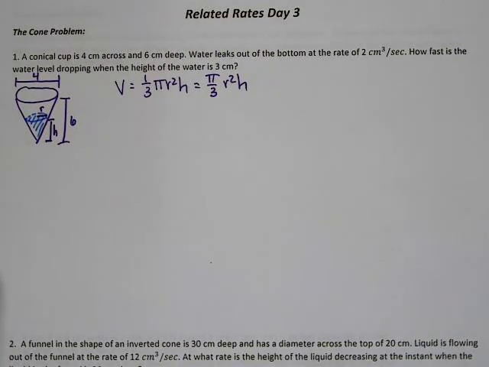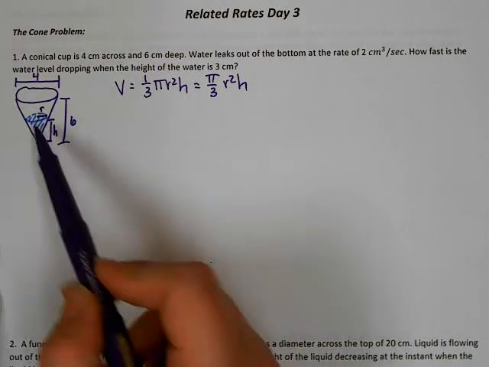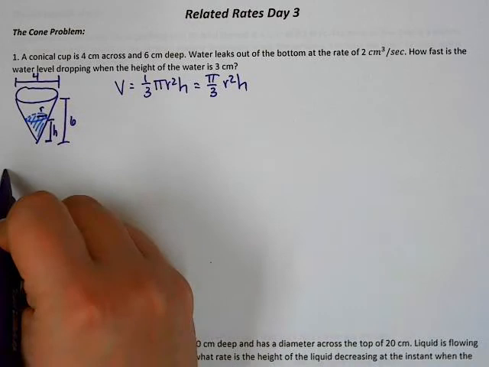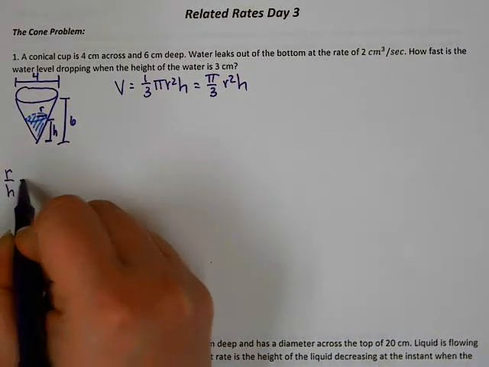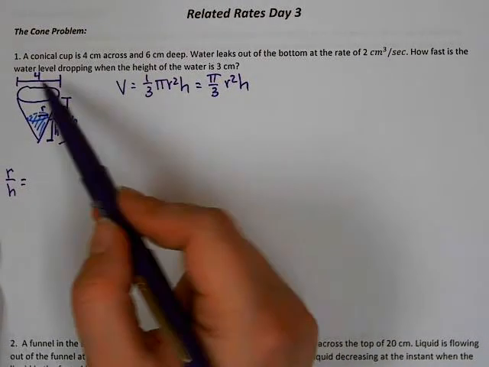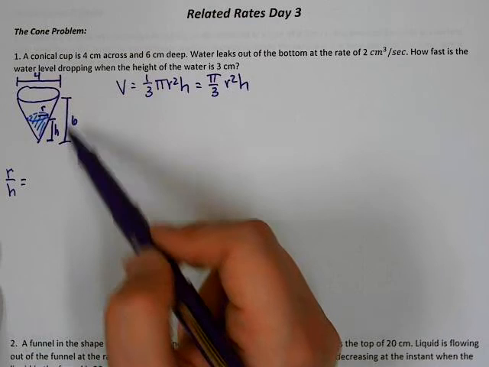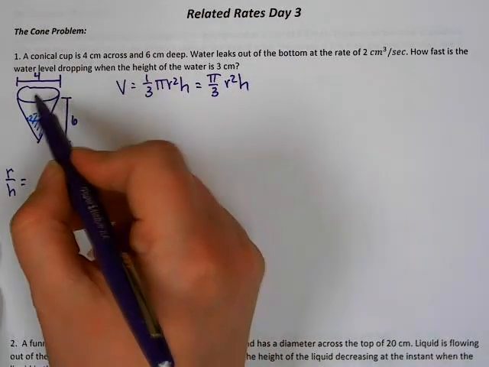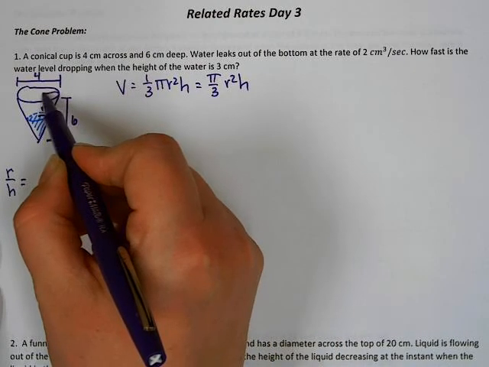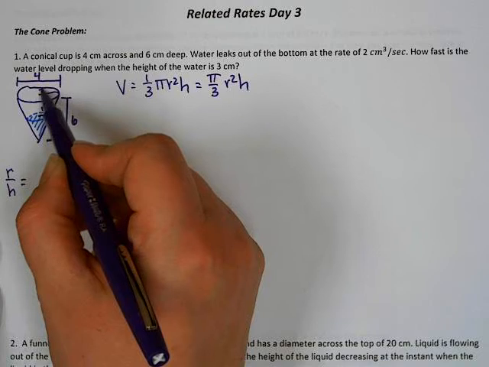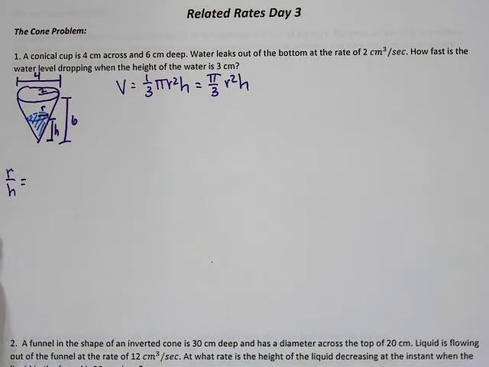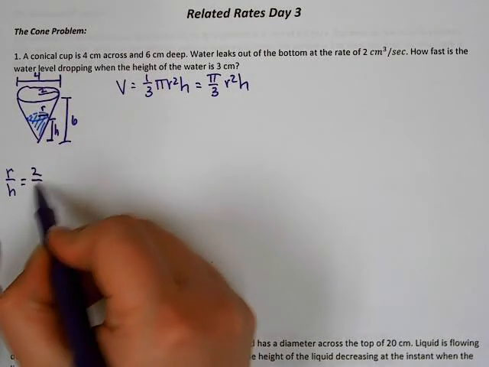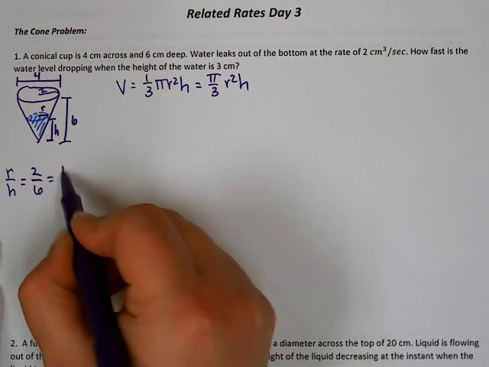So we're going to use a proportion here. The radius over the height, so R over H, is just going to be proportional to this radius over this height of the whole thing. Be careful because we were told that the diameter is 4, which means our radius is actually 2. So R over H is going to equal 2 over 6, which simplifies down to 1/3.